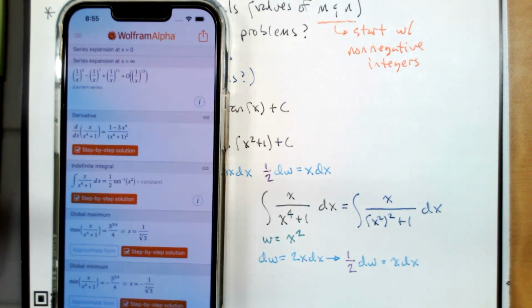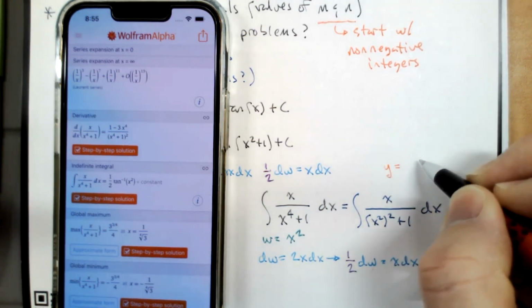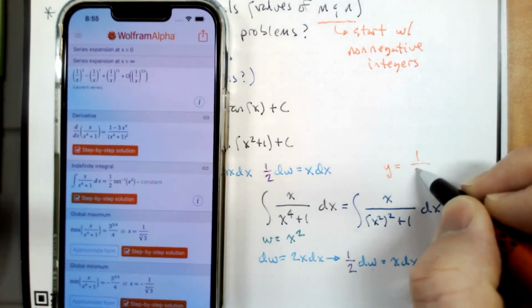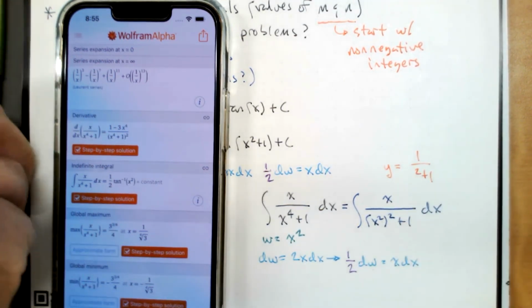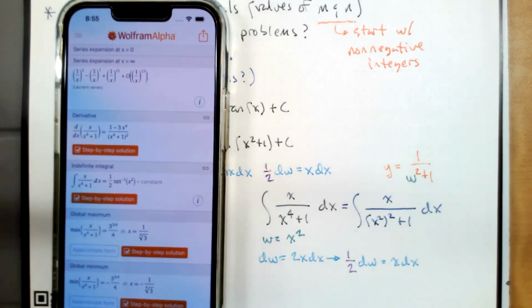The x in the numerator is going to be contributing to the 1/2 dw. And the outside function is going to be 1 over w squared plus 1, and the integral of 1 over w squared plus 1 is arctangent w.